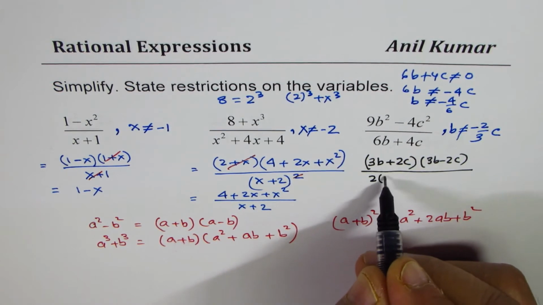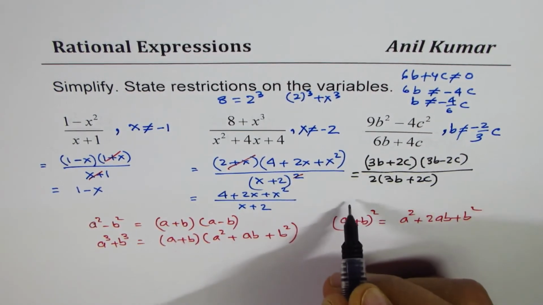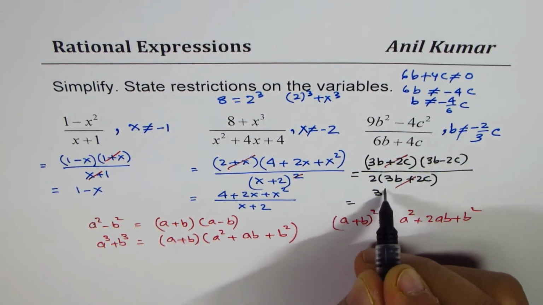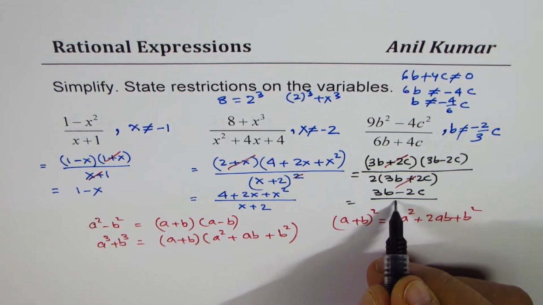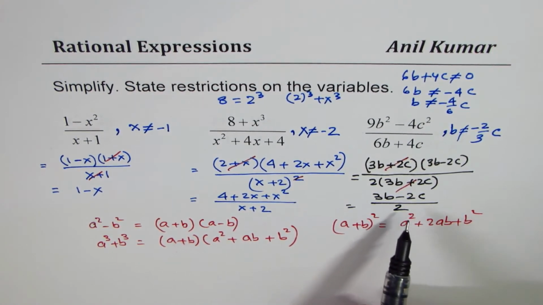So we get 2 times 3b plus 2c. Now 3b plus 2c can be cancelled. So you get 3b minus 2c divided by 2. So that becomes a rational expression.